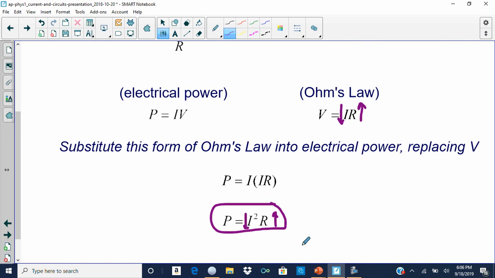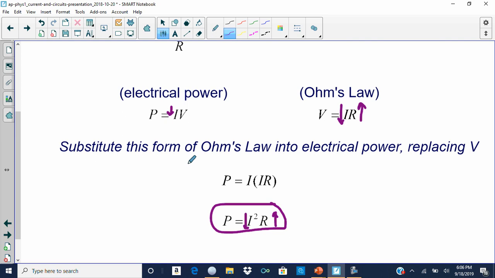If I keep the voltage constant and I increase the resistance, the current has to go down. If the current goes down but the voltage is the same, the power has to go down. And you can also see that here. If the voltage stays the same but the current goes down, the power also has to go down. Those are the types of things that they're going to ask you on the AP tests.